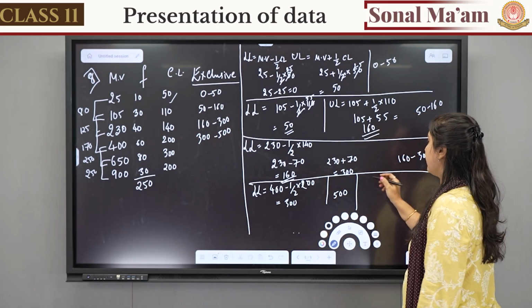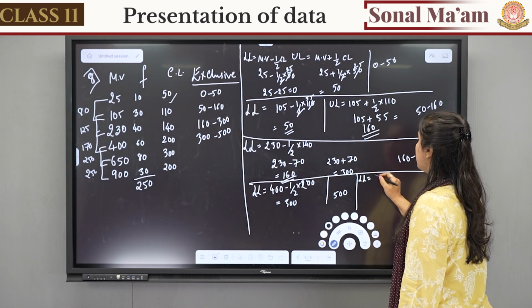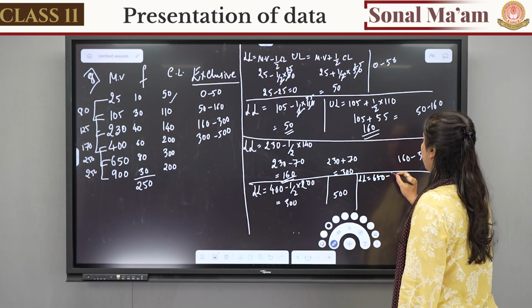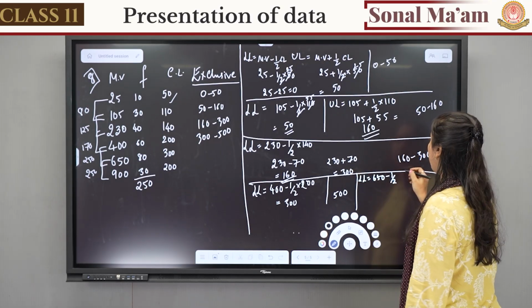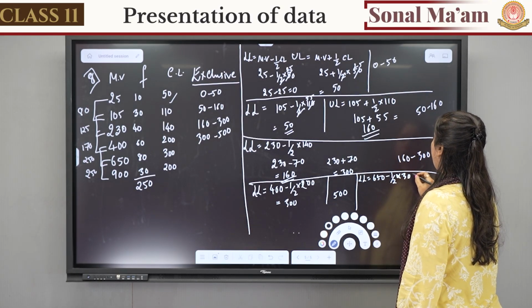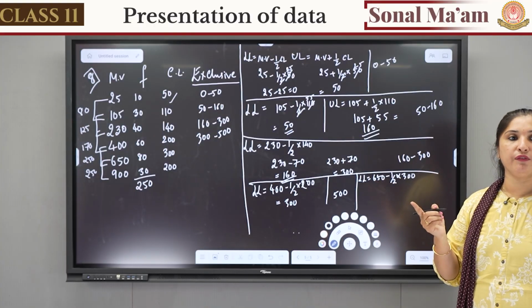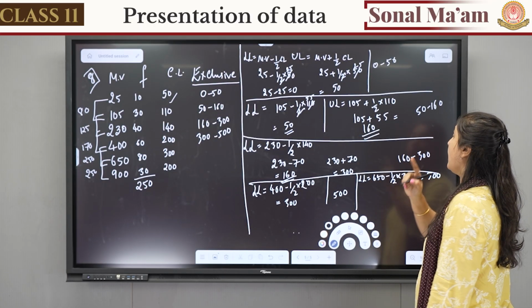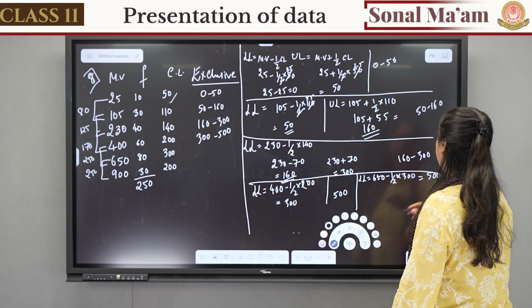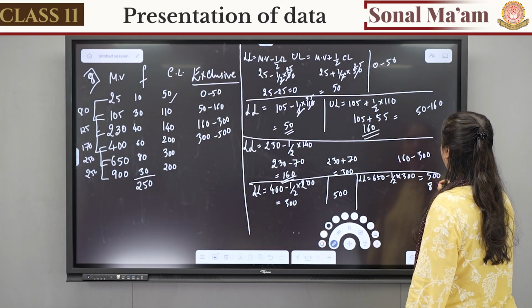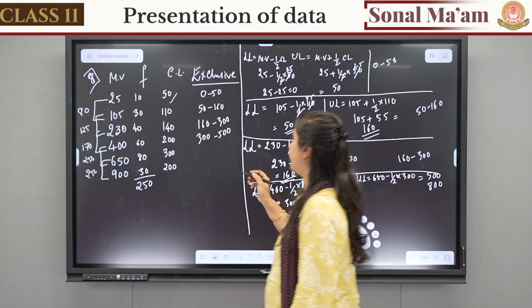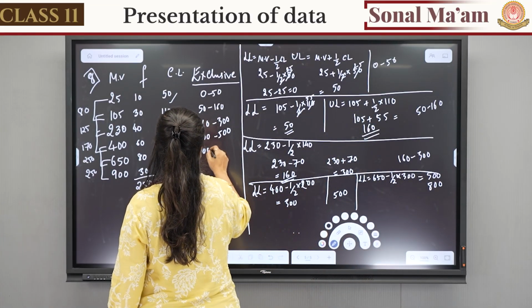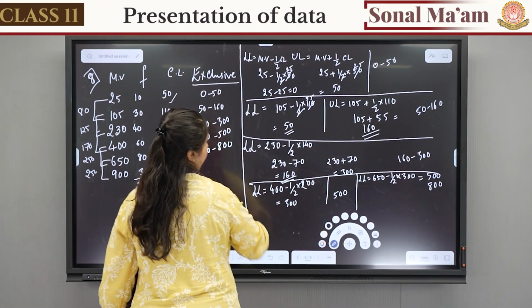Okay, next. Again, 650 is given to you. So lower limit is equal to 650 minus half into class length, how much? 300. So 650 minus 150 will be 500, and 650 plus 150 will be 800. So the next class will be 500 to 800.